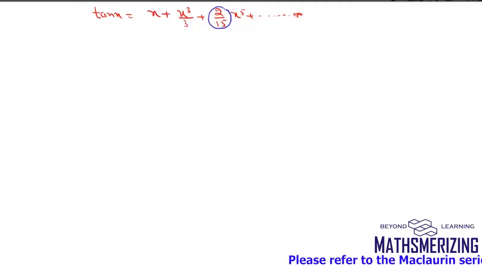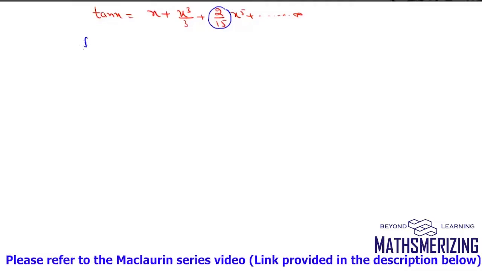Why is the expansion of tan x equal to x plus x cubed by 3 plus 2 by 15 x to the power 5, and it goes up to infinity? So what most of the students are interested in is how to get this 2 by 15, because there is no pattern or symmetry which we can identify from the given series. So again, the answer lies in Maclaurin series.